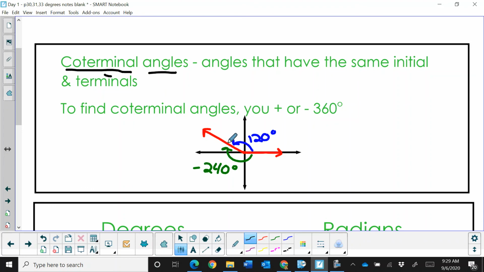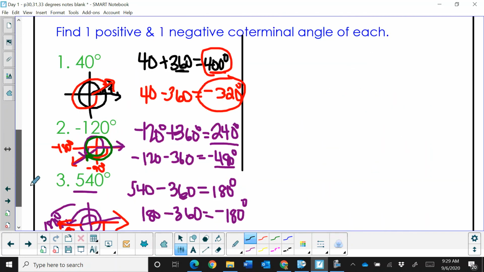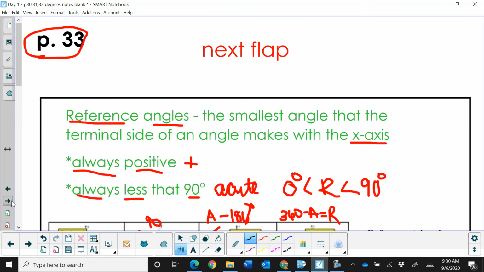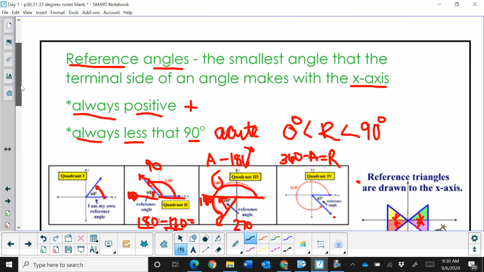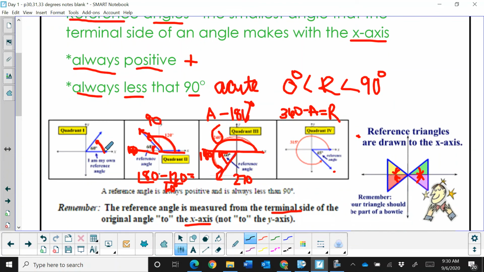So just different ways to name it, both positive and negative. And then looping an extra circle, so you add 360, or looping backwards, so you subtract 360. And then the last topic, which is reference angles, and is always the distance back to the x-axis, and that angle is going to fall between 0 and 90.